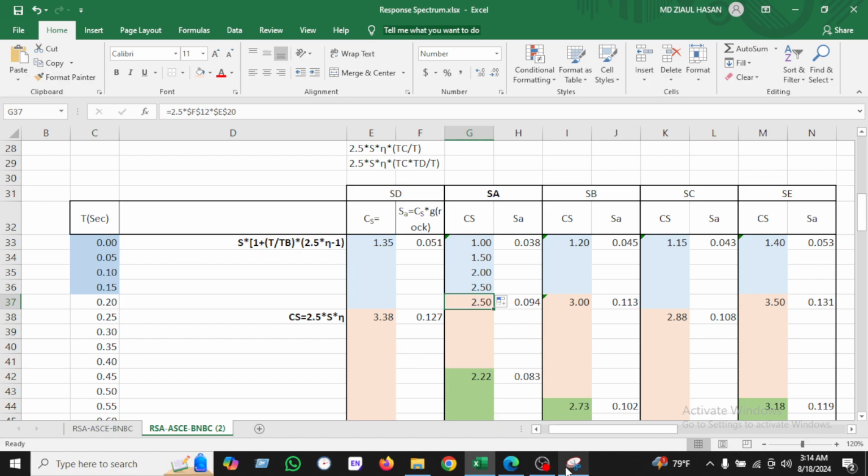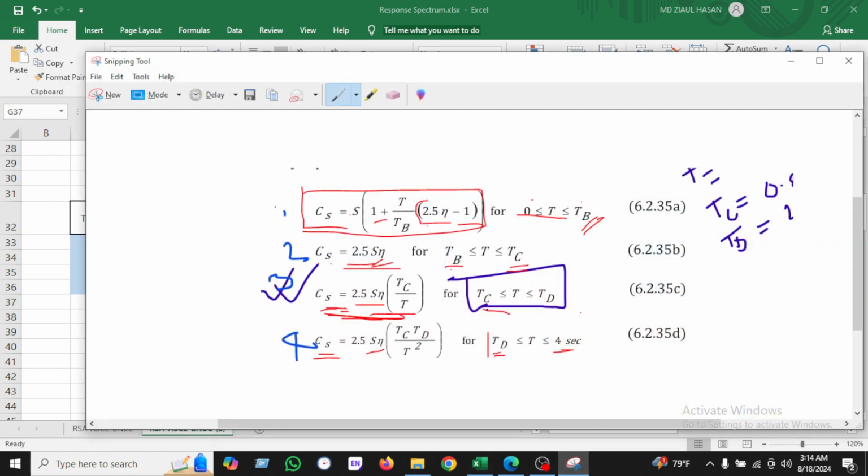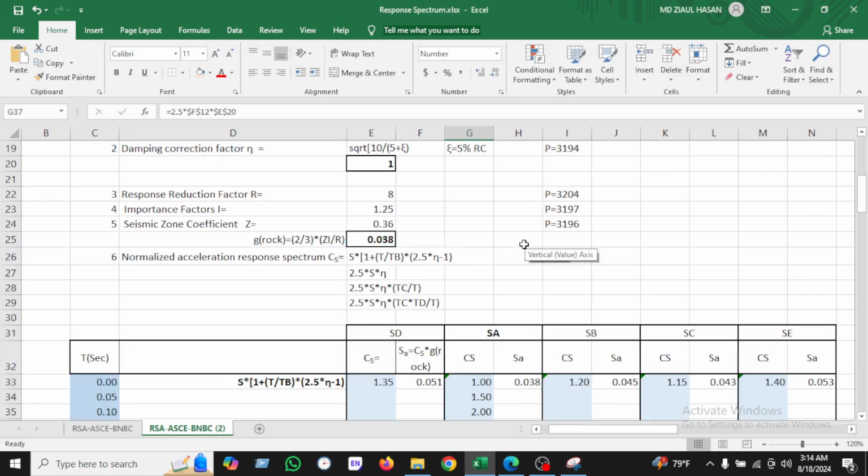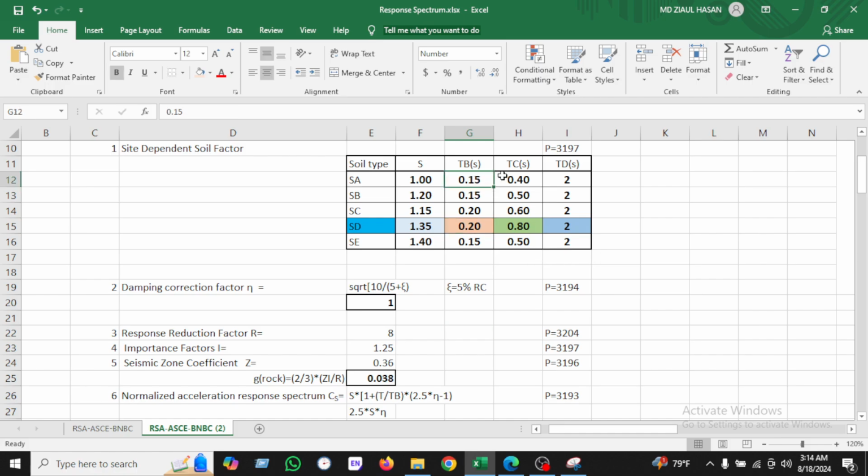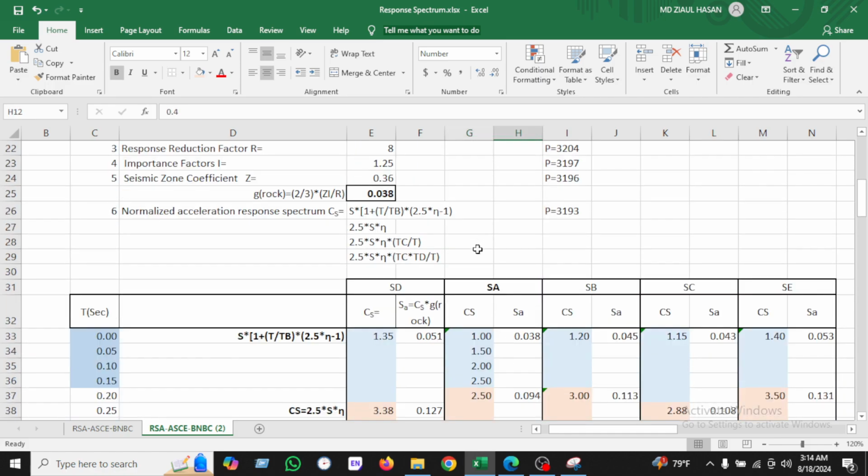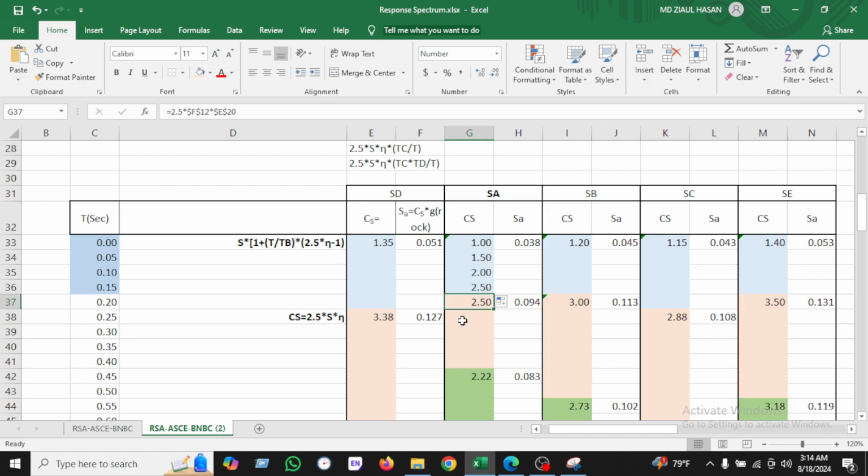The second formula is Cs equals 2.5 times S times eta, which is used for TB to TC. We know TB equals 0.15 and TC equals 0.40, so the second formula will be used from 0.15 to 0.40.